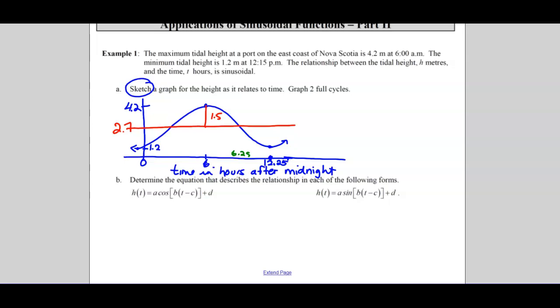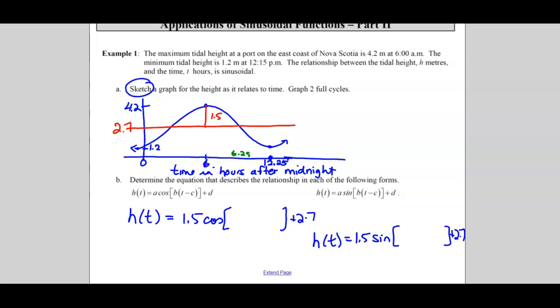Don't get mad at each other if someone says the wrong value. Okay, and so that's plus 2.7 on the outside of both of them.